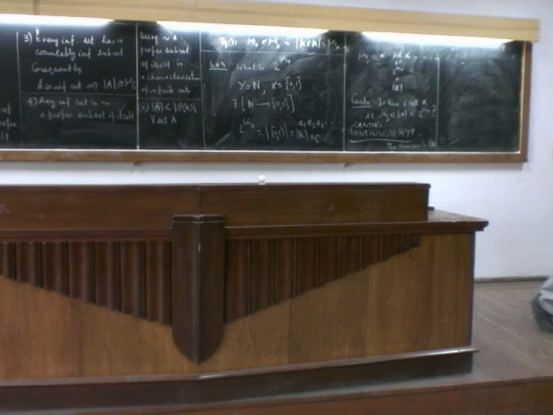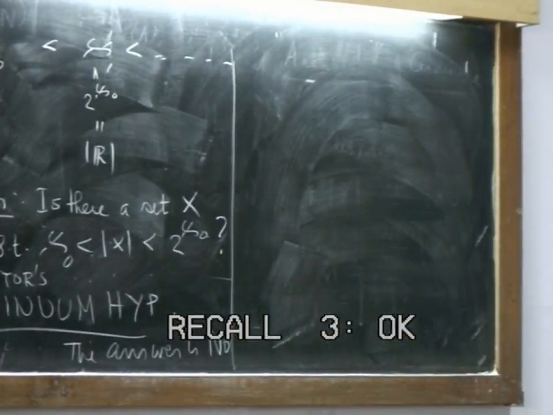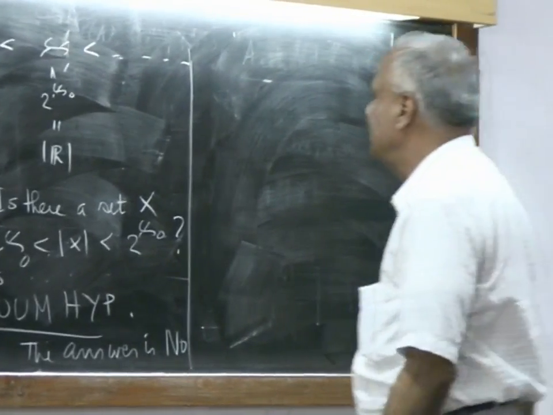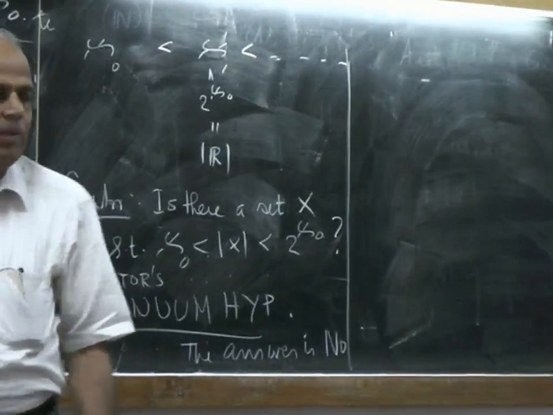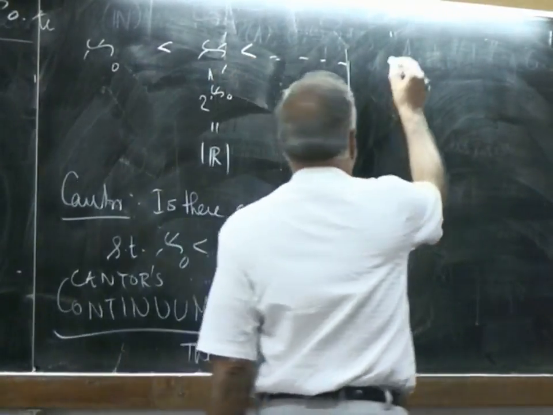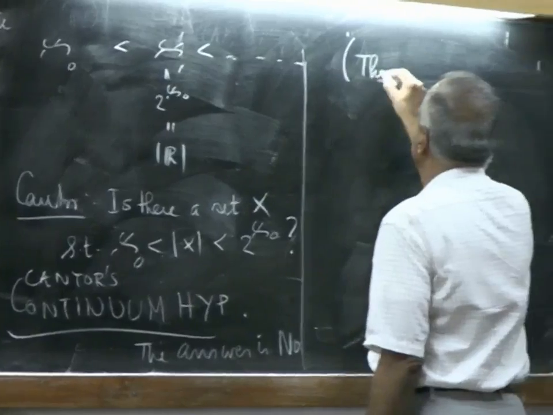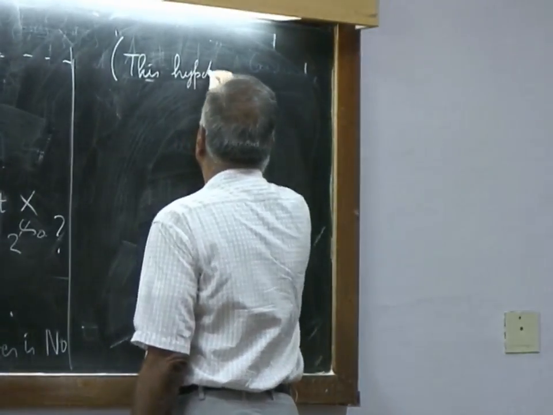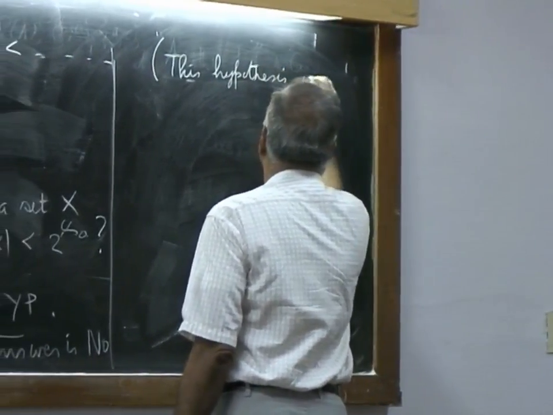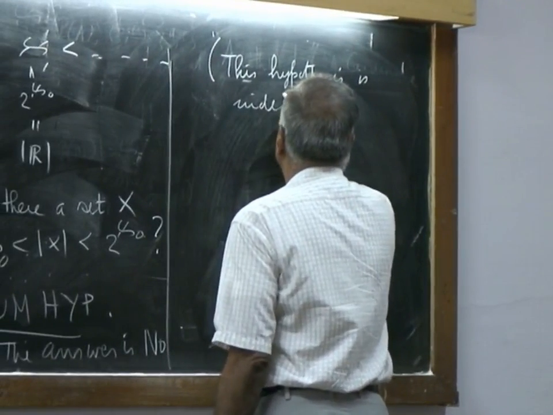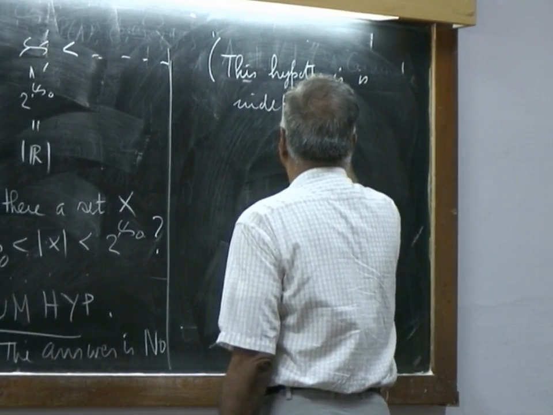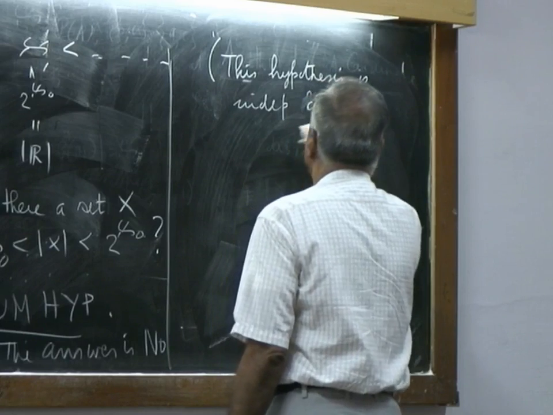The next level of infinity after the integers is the real number infinity. There is nothing in between. So this hypothesis is independent, an independent axiom in set theory.